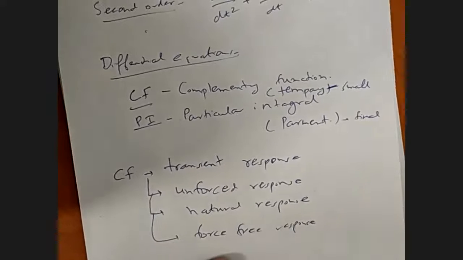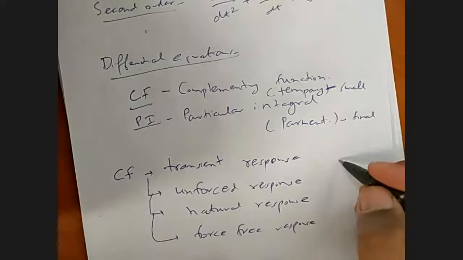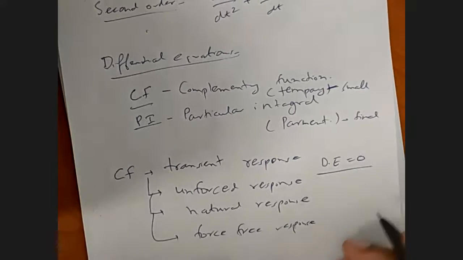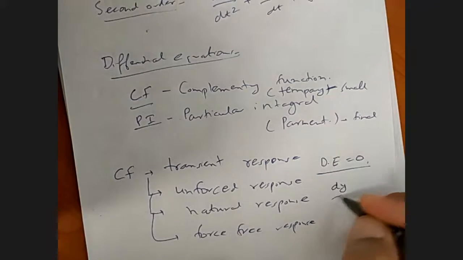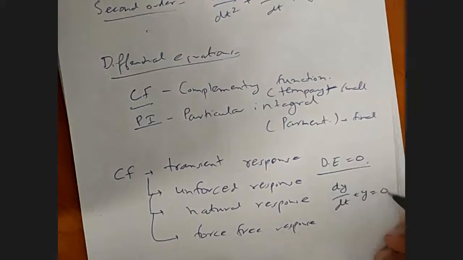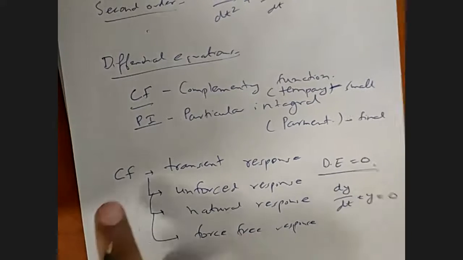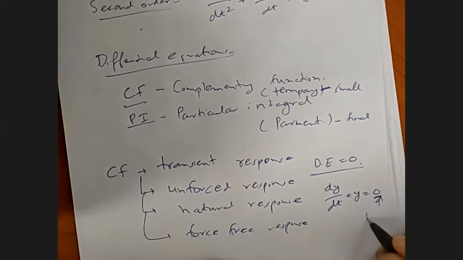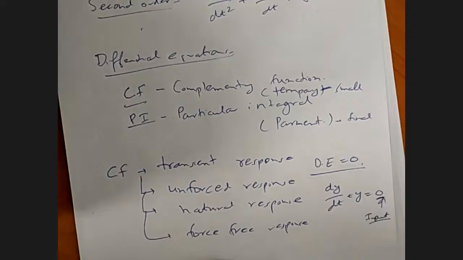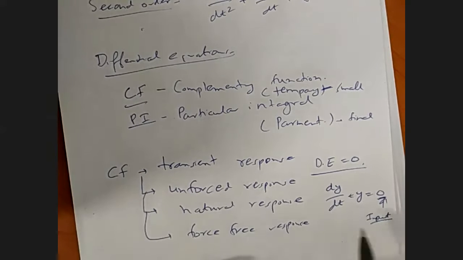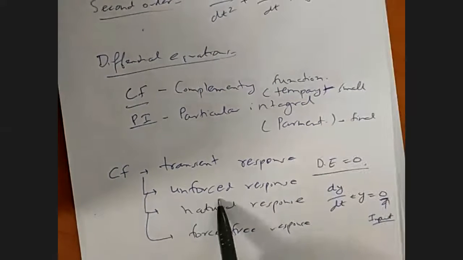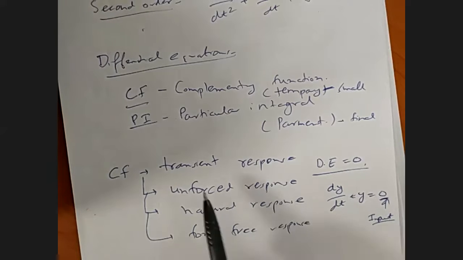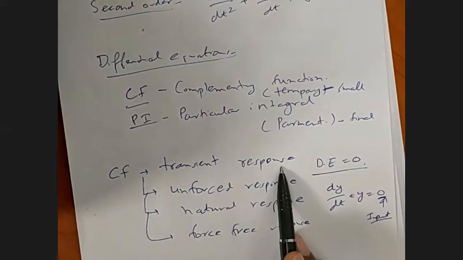Because if you remember, CF is when we make the differential equation equal to 0. That means we are making dy by dt plus y equal to 0, and then we are calculating CF. So this 0 means we are making the input applied to the system equal to 0. That's why they are also known as unforced response, force free response, natural response, or transient response.